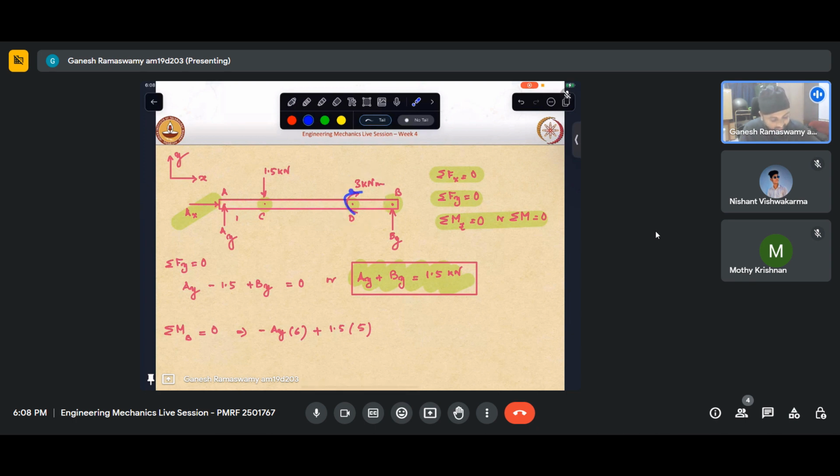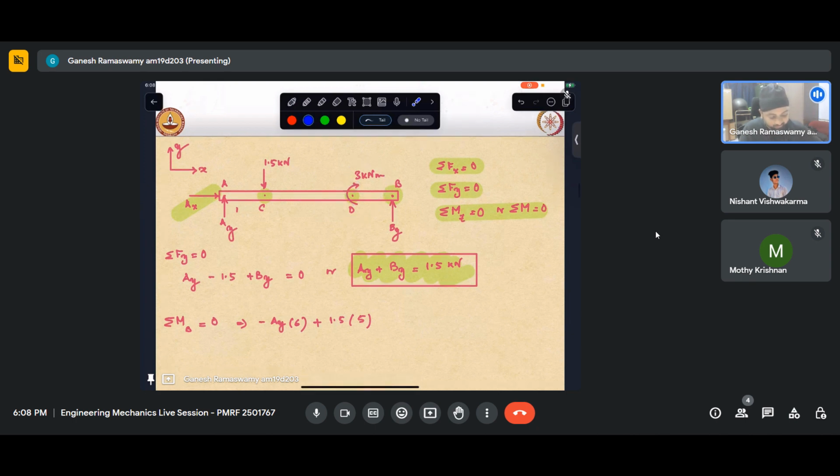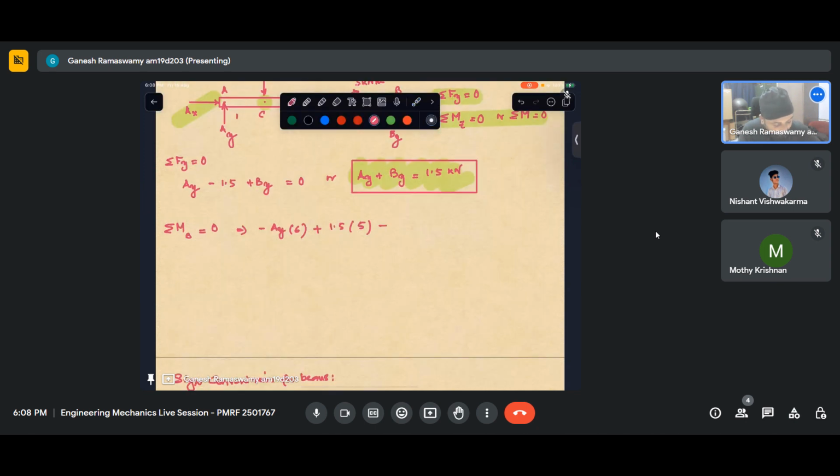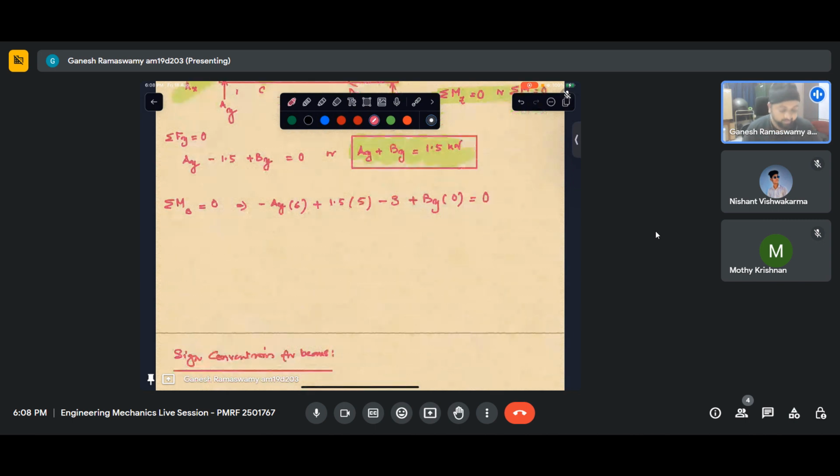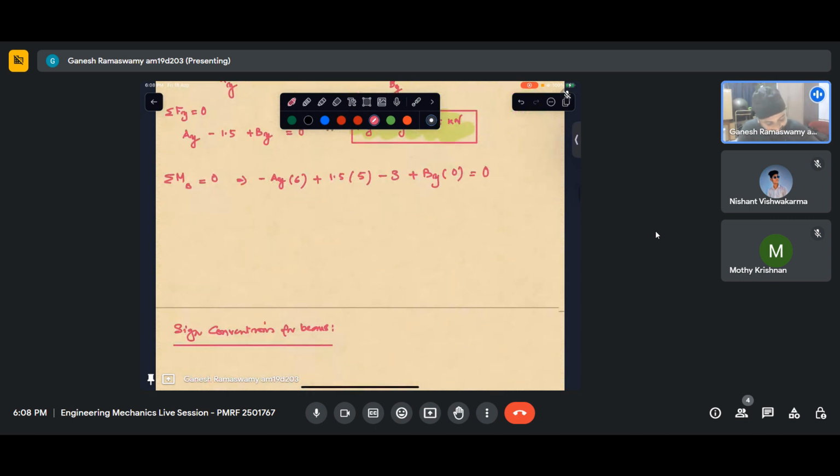So this is a clockwise couple, which implies that it is negative, plus By into 0 since it is applied at that very point. I may as well not write it, but I'm writing it here for clarity. So I can remove this quantity and write that this is equal to 0. Now I can solve for this.